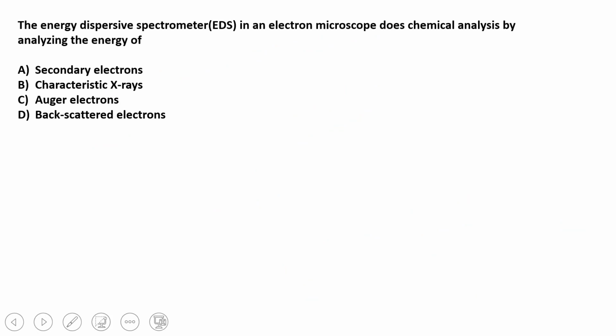Next question. The energy dispersive spectrometer, that is EDS, in an electron microscope does chemical analysis by analyzing the energy of. Okay, so in the case of electron microscopy, suppose this is your sample, then we pass a high energy electron beam.